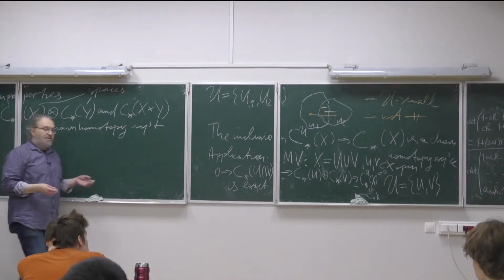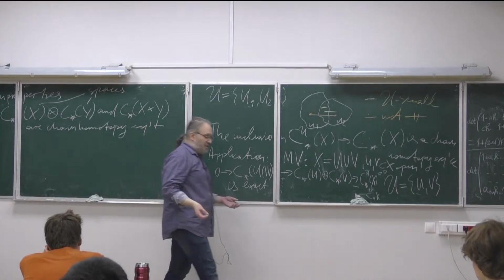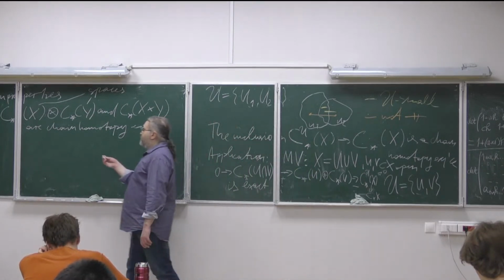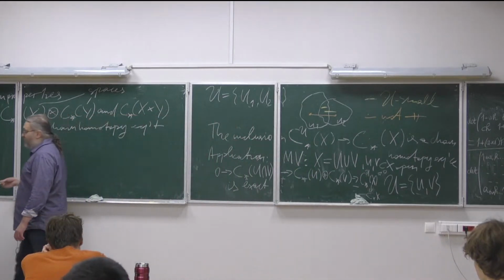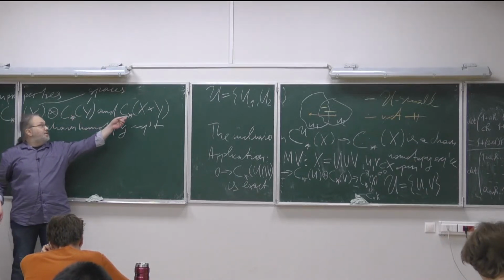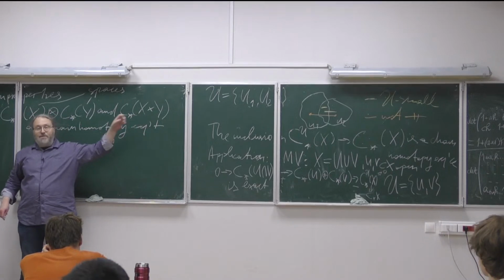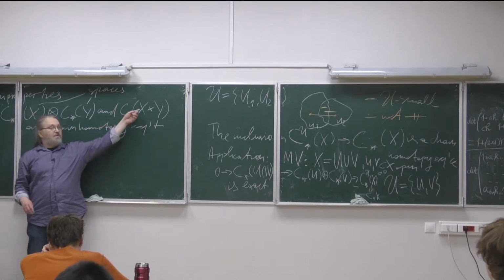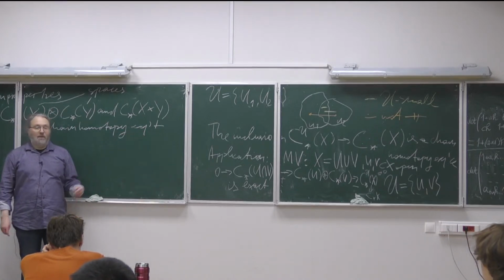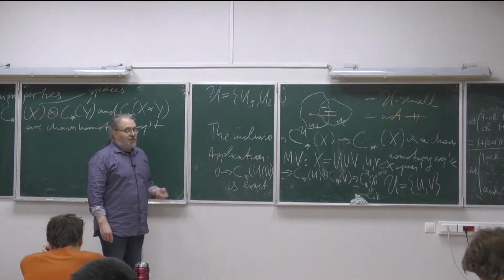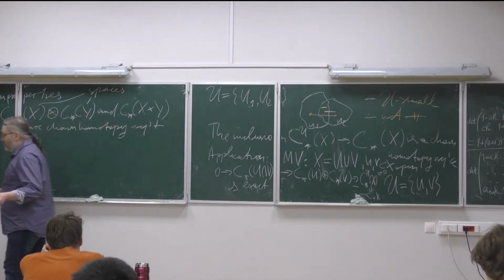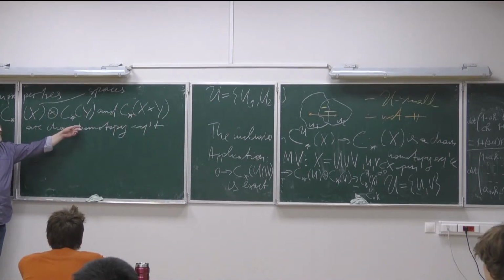Suppose we have two spaces X and Y, then the complexes C lower star of X tensor C lower star of Y, and C lower star of X times Y, the Cartesian product, are chain homotopy equivalent. Okay, now let's see if we understand all the words.